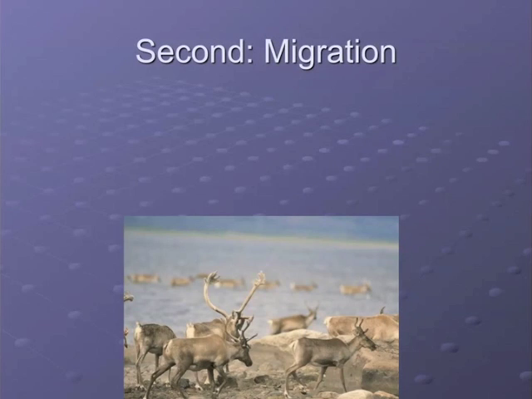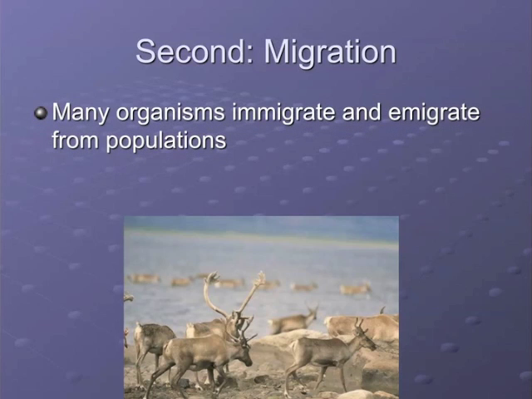Now the second assumption is migration, that migration doesn't occur. Well, many organisms immigrate and emigrate from populations. If you look at the human population, we're moving all the time. And oftentimes this is behavioral for wild animals because they can't have more than 1 male in a herd, or they can't have too many males, or their food source dies out, so they go and find somewhere else, and they join with another group.